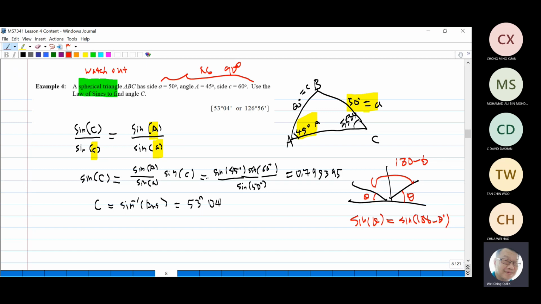So C could also be 180 minus 53 degrees 4 minutes, which gives 126 degrees 56 minutes.